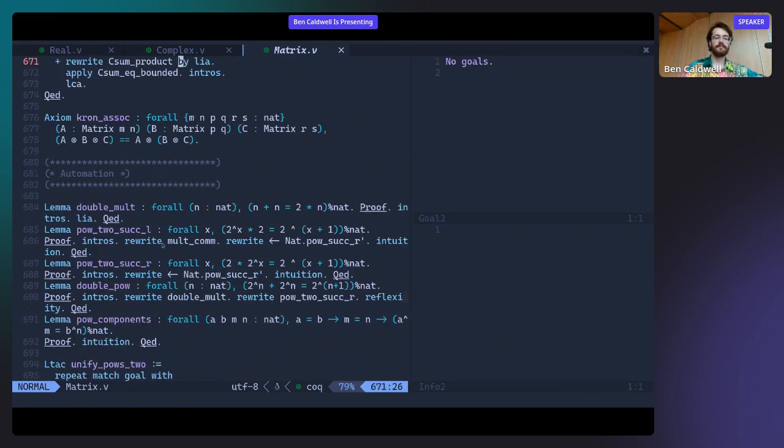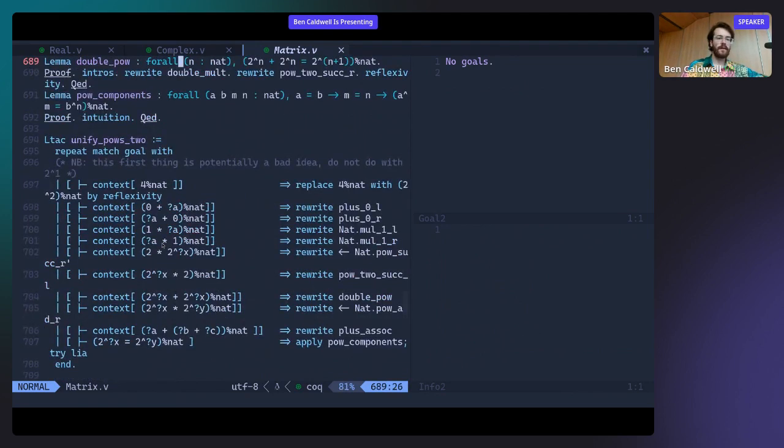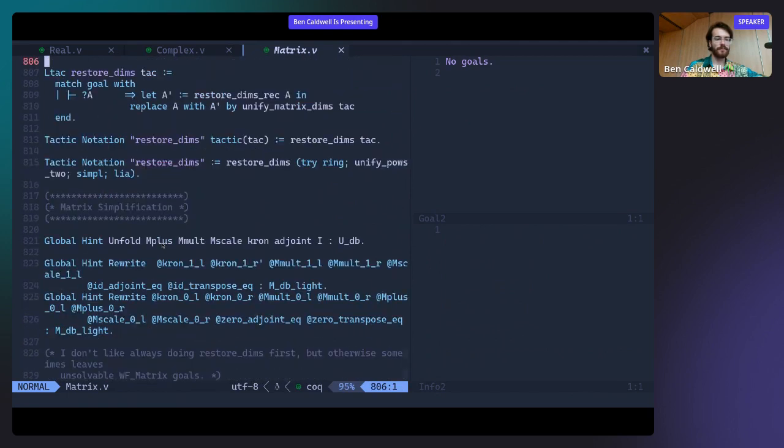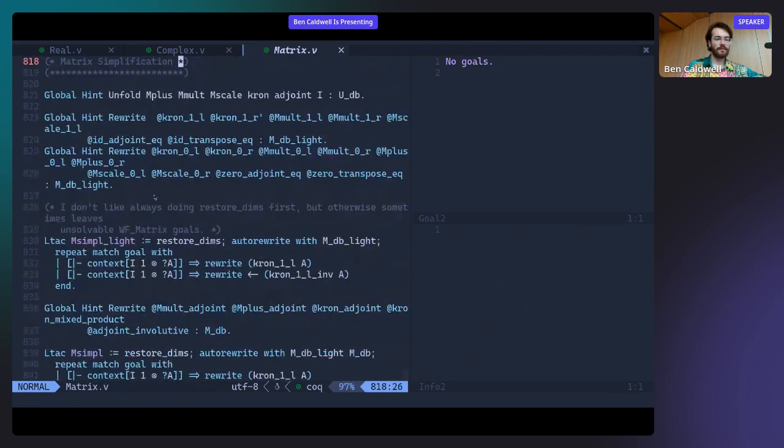And yeah, all the automation we're really going to be using later on is in lma. So there is msimple. This is actually a useful tactic as well. Simpl is a great tactic, and Coq uses it all the time to try to do some basic computations for us. msimple is going to try to do some basic rewrites for us.